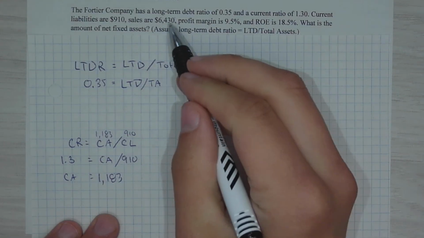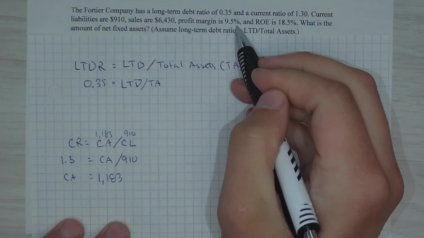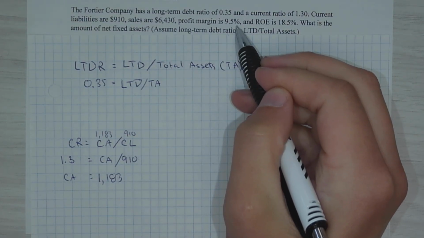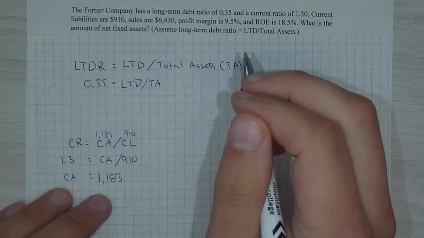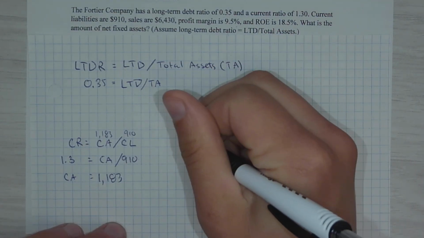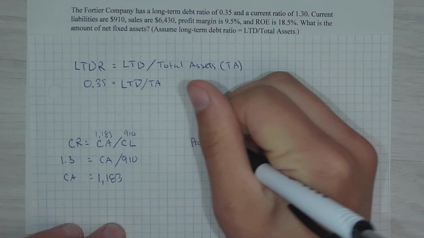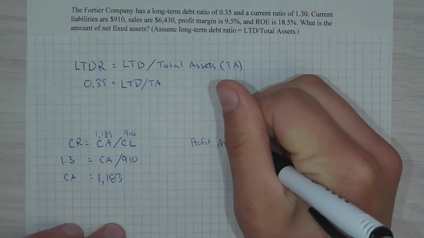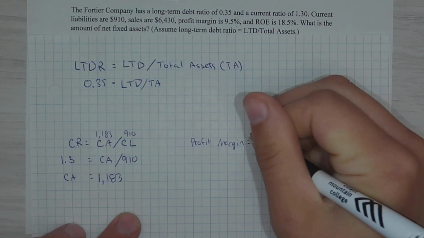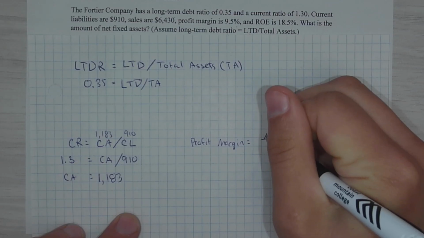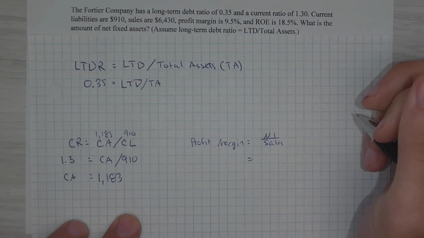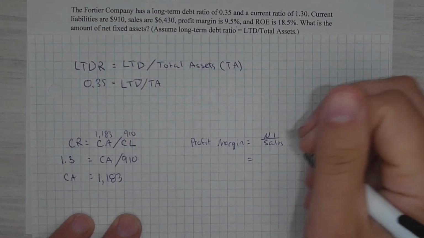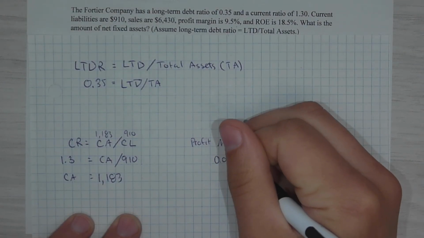Our profit margin is 9.5%. So to determine our profit margin, I'll just do it here. Profit margin equals net income divided by sales. Our profit margin is 0.095.